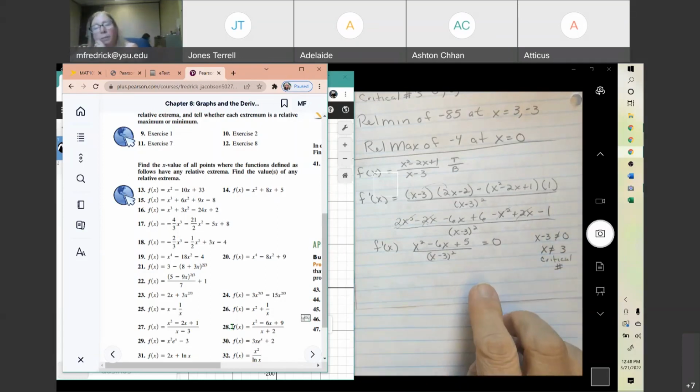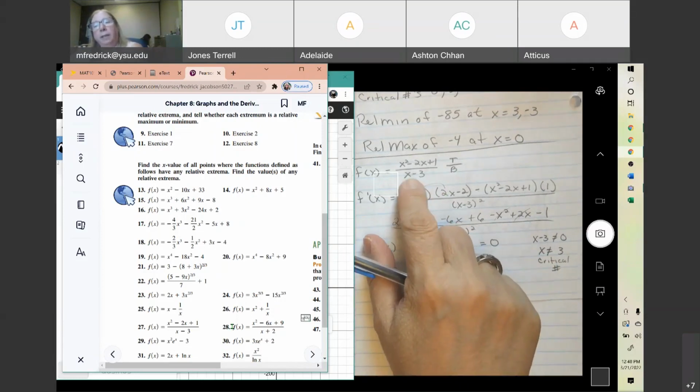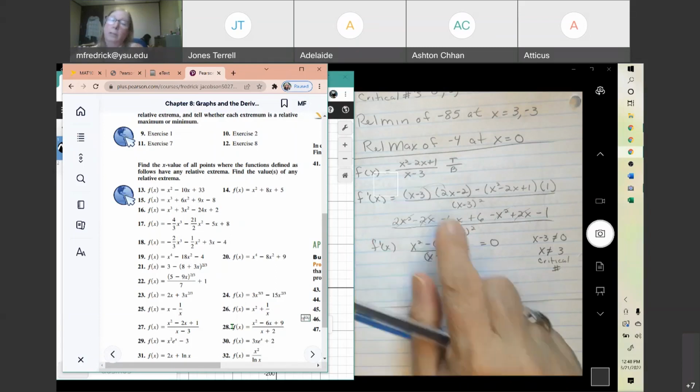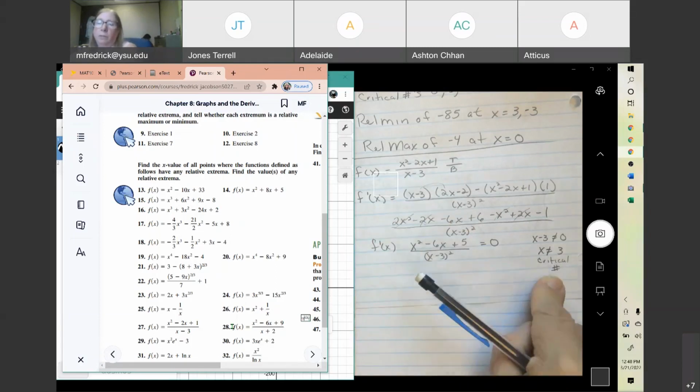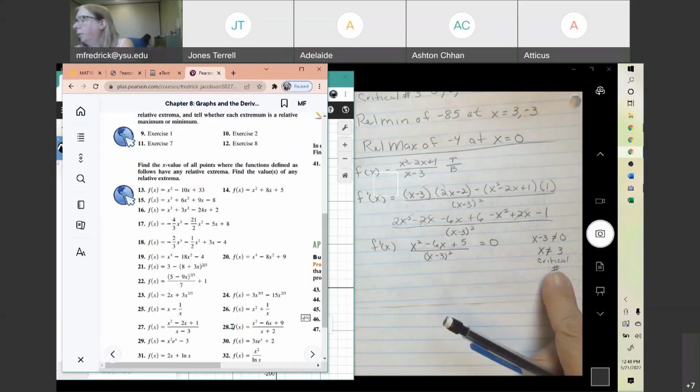So anytime you have a fraction, any values that have to be omitted are critical numbers. Sometimes they're not needed, especially if it's already omitted here. But in some cases, like average cost, it's critical. Okay, so one of our critical numbers is 3.